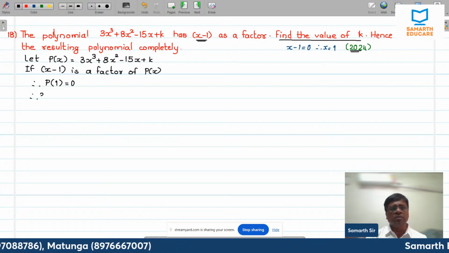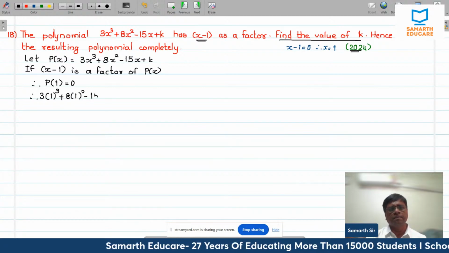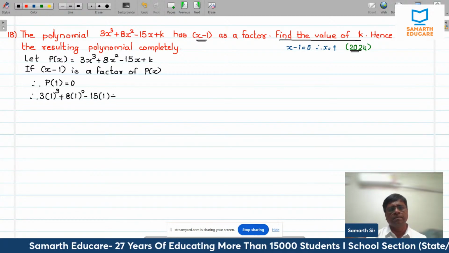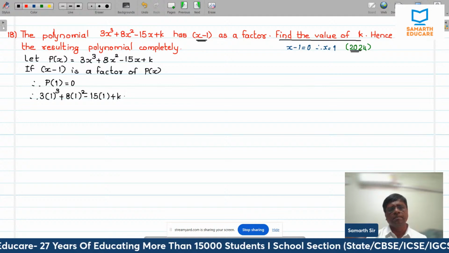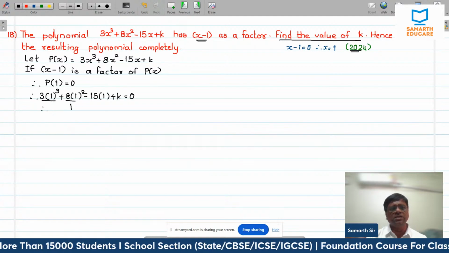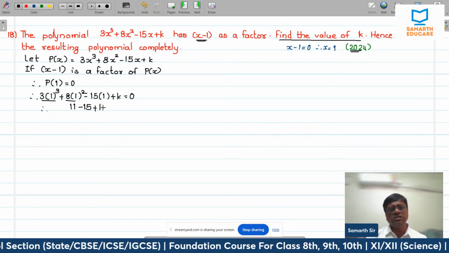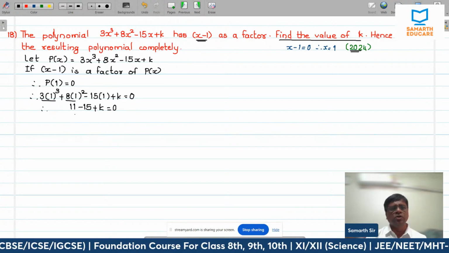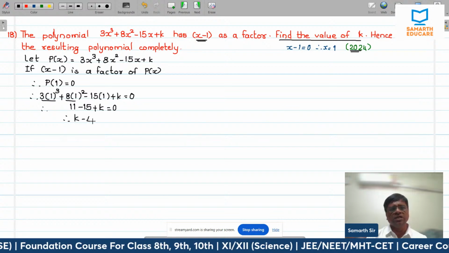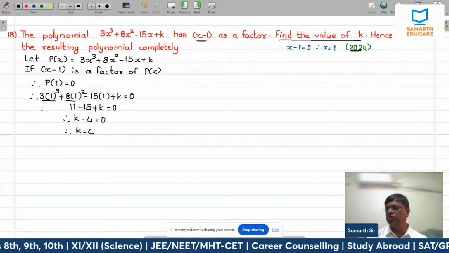Where did 1 come from? We take the value of x minus 1 as 0, so the value of x is 1. All right, so p of 1 is 0. That means wherever I see x, I have to replace it with 1. So 3 plus 8 is 11 minus 15 plus k is equal to 0. So k minus 4 is equal to 0. That means the value of k is equal to 4.